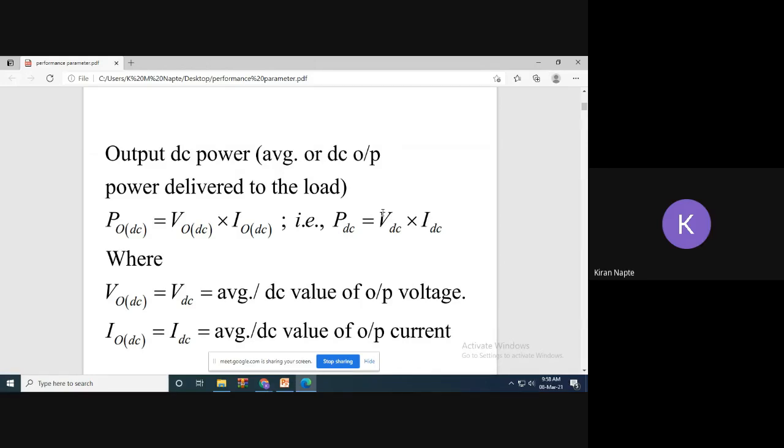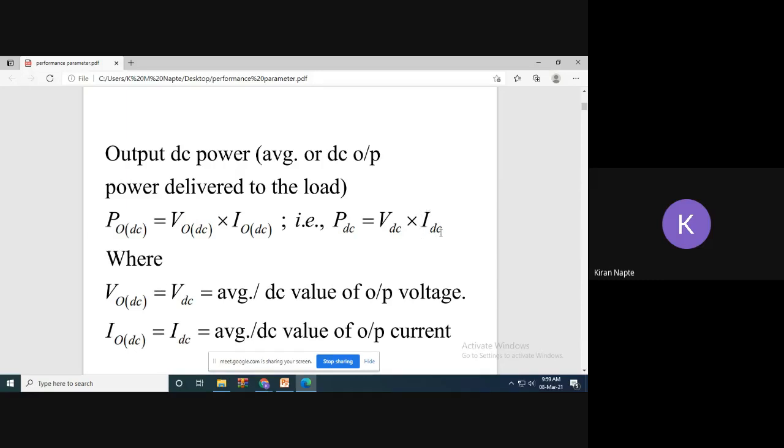We all are aware that power is simply the multiplication of voltage and current, right? So the first performance parameter is average DC output power, which is represented as PDC, which is equal to VDC into IDC. This VDC will be the output voltage and this IDC will be the output current.